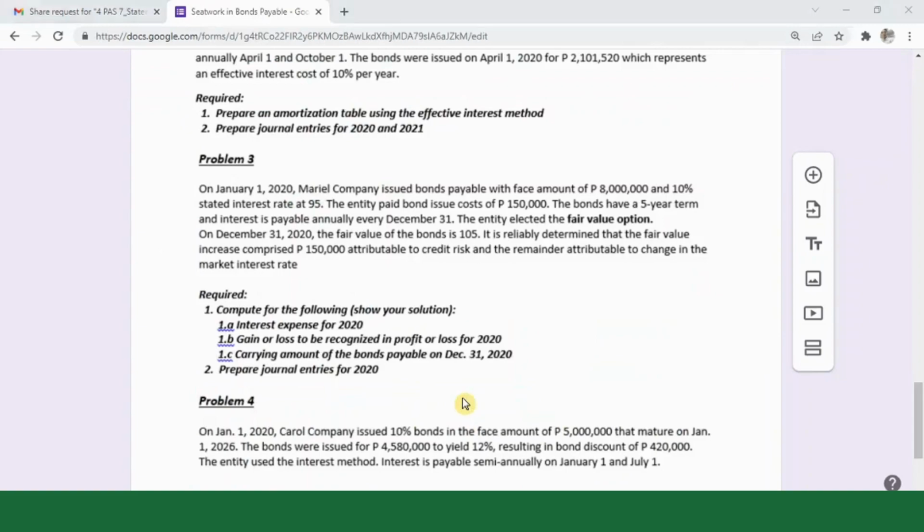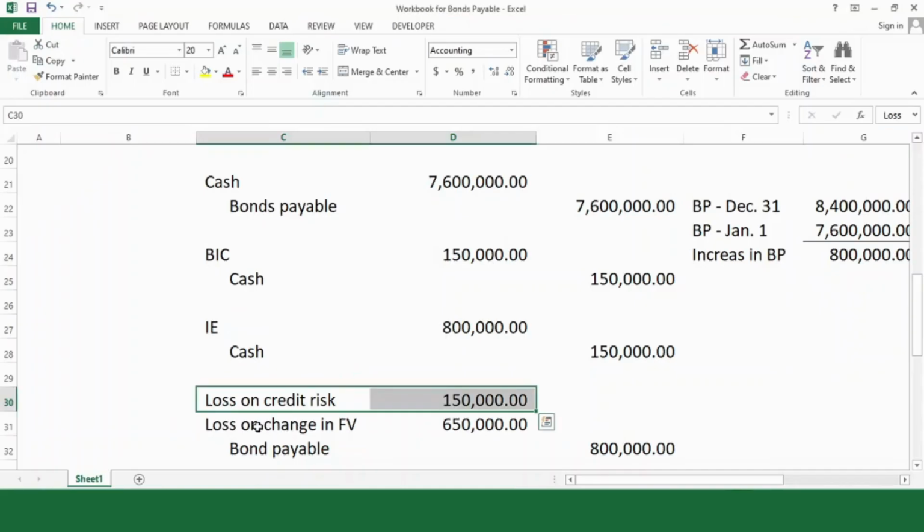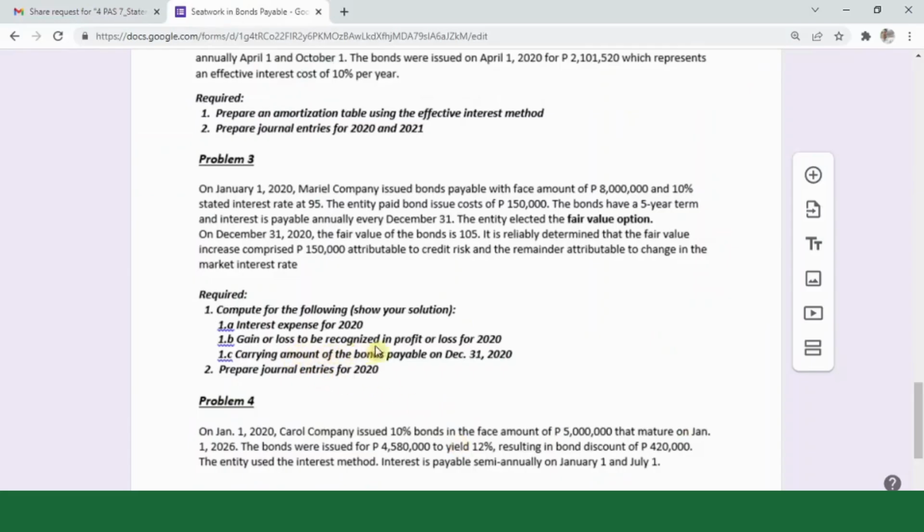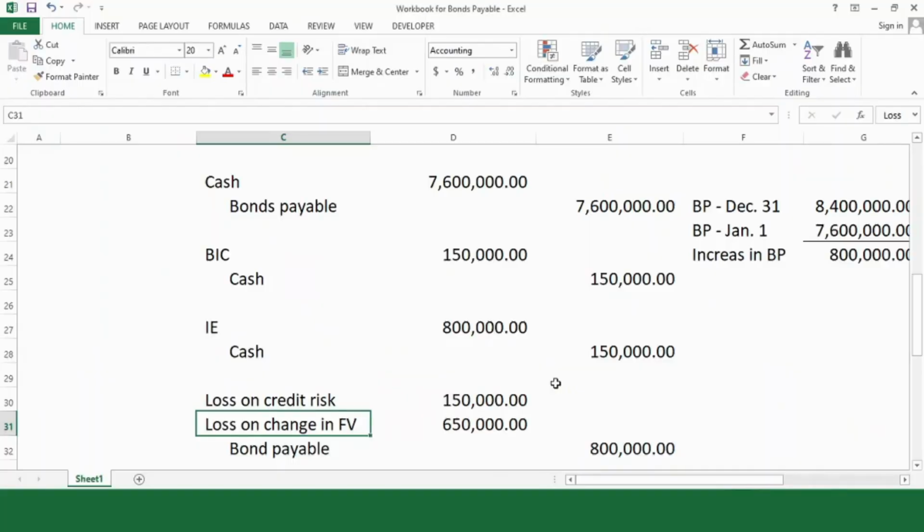Tapos, itong loss on change in fair value, ang impact niya is profit or loss eh. Itong loss on credit risk ang impact nito sa OCI. So again, gain or loss to be recognized in profit or loss for 2020 is 650. Loss on change in fair value. Pero yung effect niya pagdating sa OCI, ito yun, 150,000.